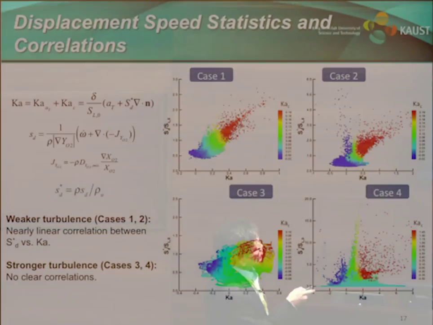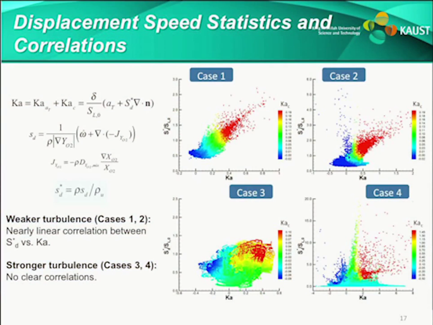One thing I've been investigating for a long time was the standard laminar flame theory. How does the flame speed vary as a function of Karlovitz number? So cases 1 and 2, relatively mild turbulent cases, show some good linear correlation, although I was a little bit surprised to find that this curve is going up instead of coming down.